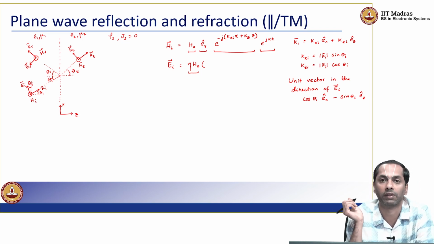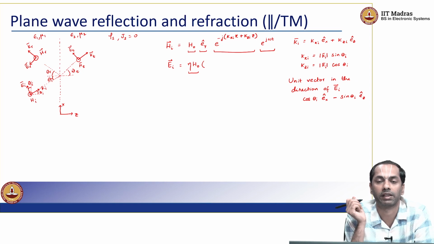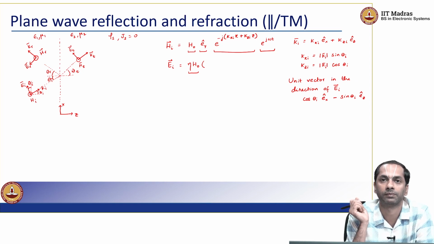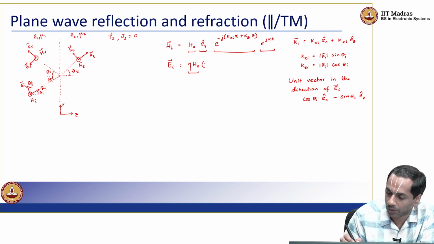So, this is a unit vector. Why? Because square root of cosine square theta I plus sin square theta I is 1, right. So, this is my direction: cos theta I E_x minus sin theta I E_z.